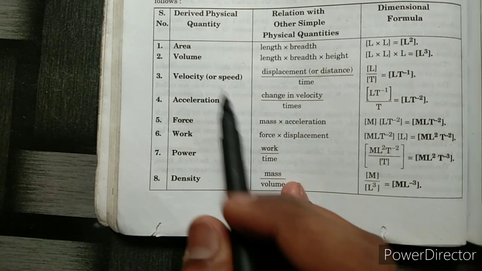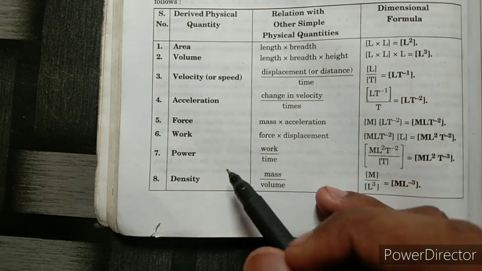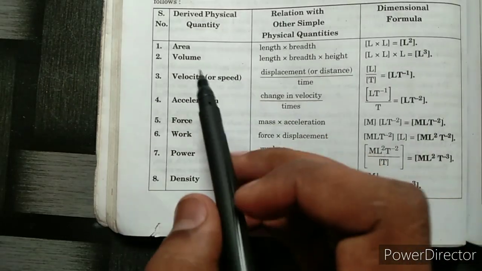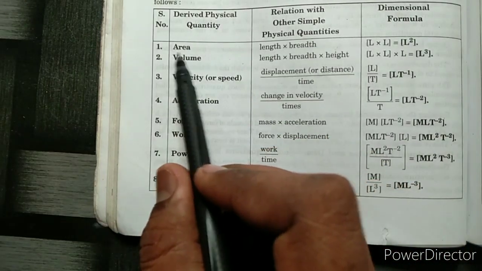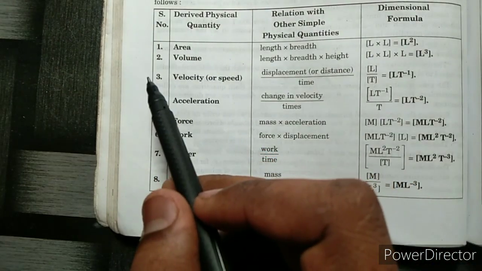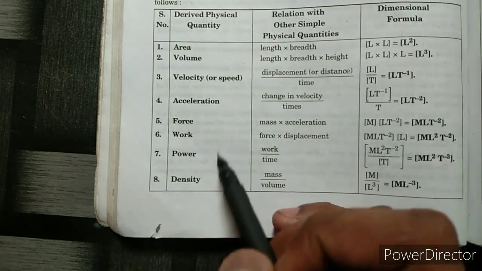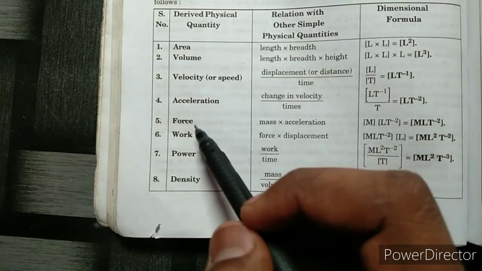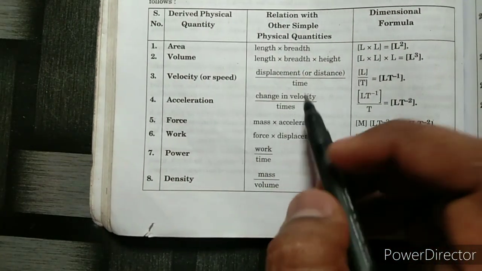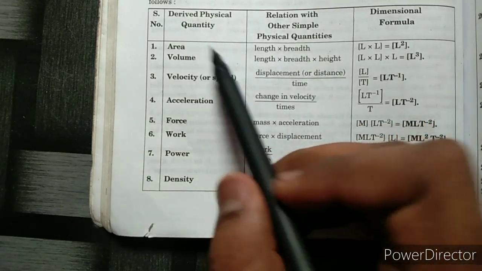Here are some formulas for which we have to find the dimensional formula. These are derived formulas and their units are derived units. The first formula is area.